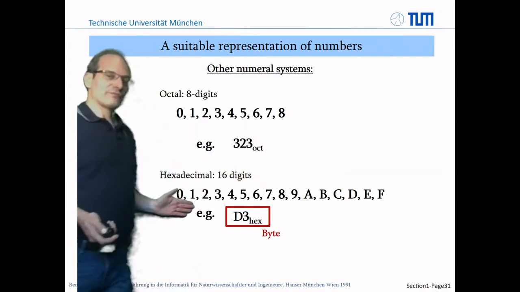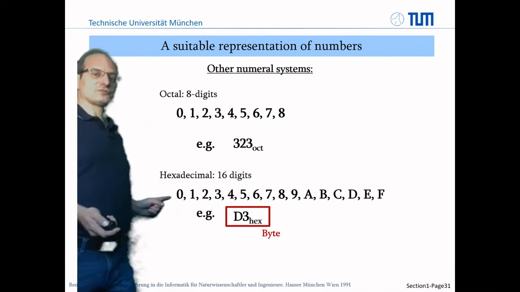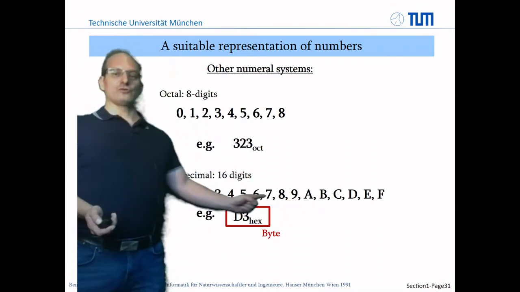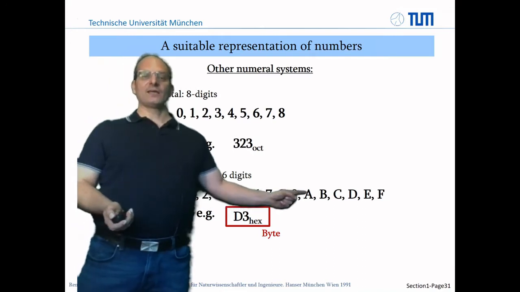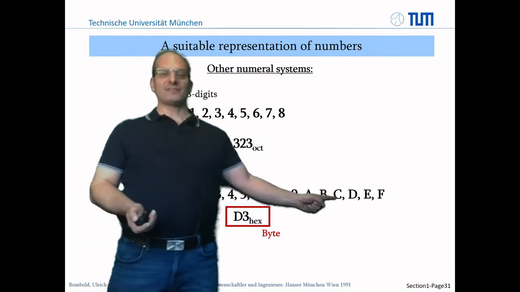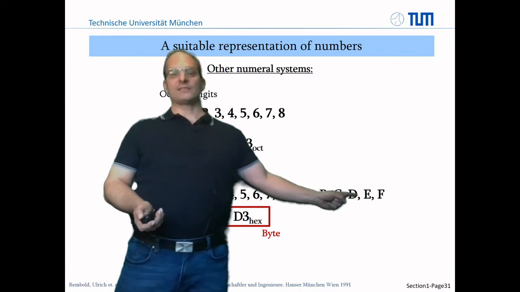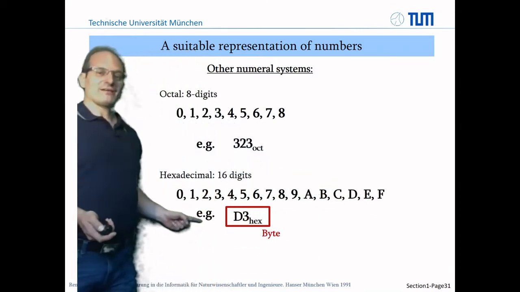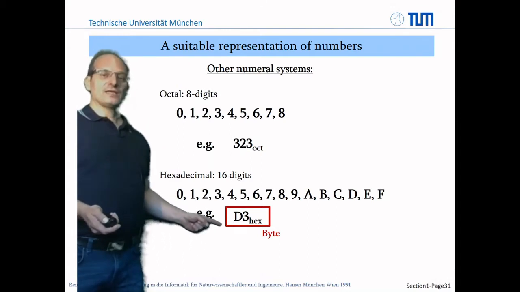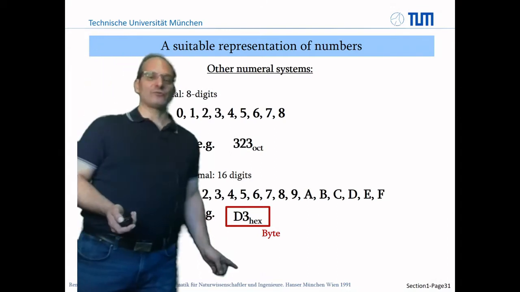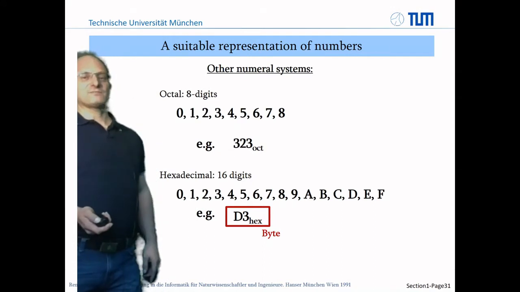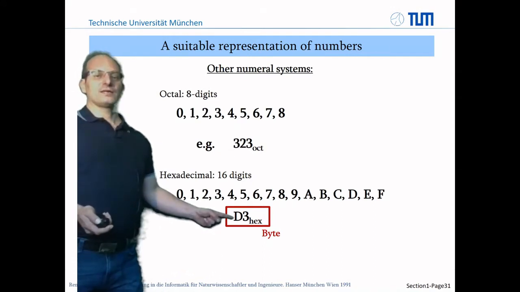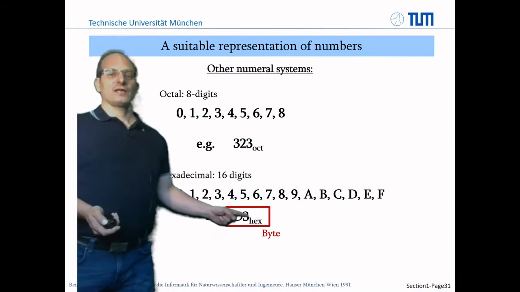The same is true for the hexadecimal system. The hexadecimal system has 16 values from 0 to 9, and 10 is A, 11 is B, 12 is C, 13 is D, and so on. So 15 is F. If we have D3, this is the representation in the hexadecimal system, where you have here the 13 and here the 3.